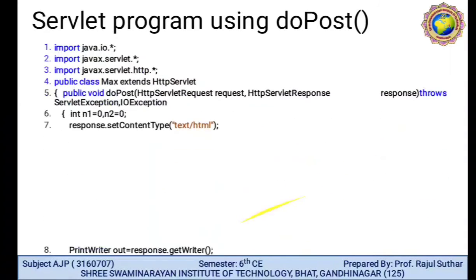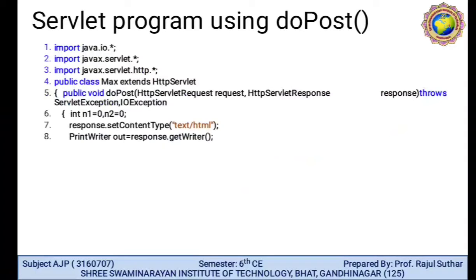Here is the programming for the doPost method. In the same way we require the HttpServletRequest and response. We declare two integer variables, n1 is equal to 0, n2 is equal to 0. response.setContentType text in the form of HTML.